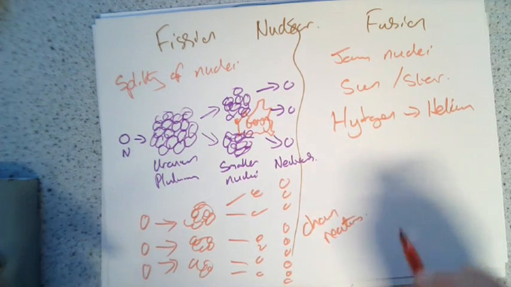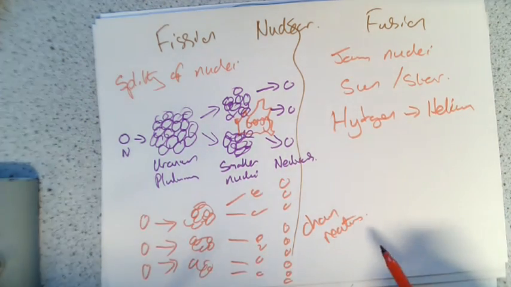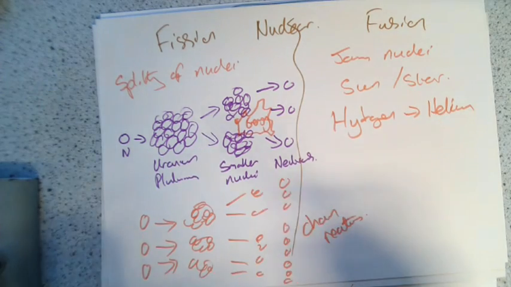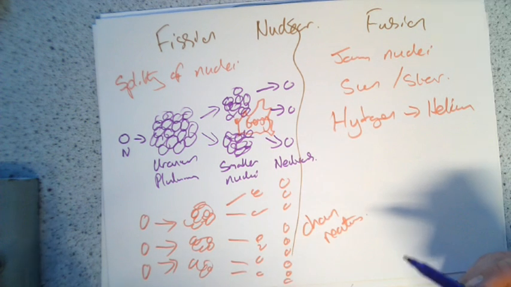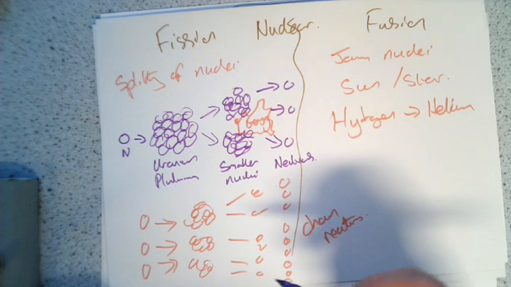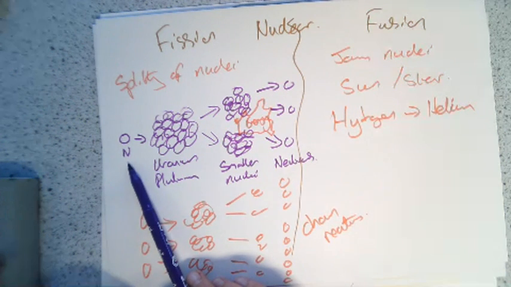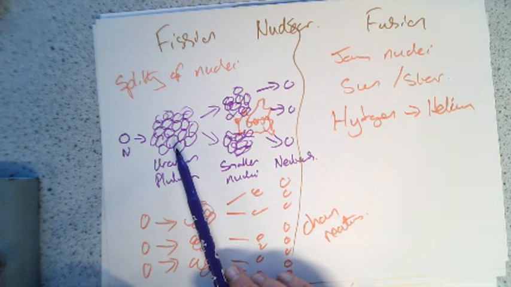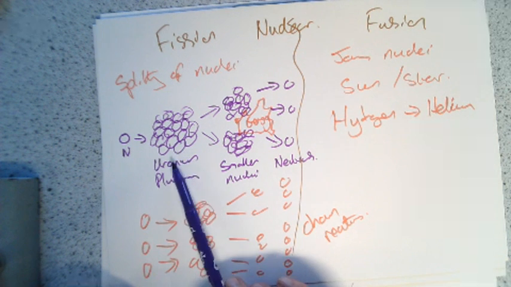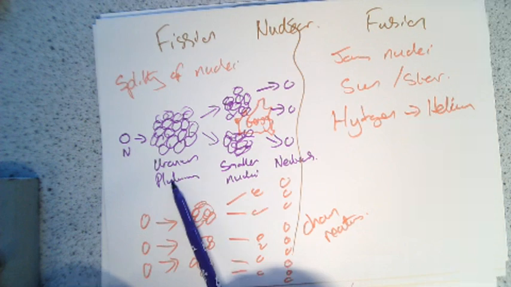Okay, so again, all we need to remember here is what fission and fusion is. Now, this is often a really nice 4 or 6 mark question to really describe or explain what's actually happening. So let's just remember a slow moving neutron is fired at a large unstable radioisotope, either uranium or plutonium.